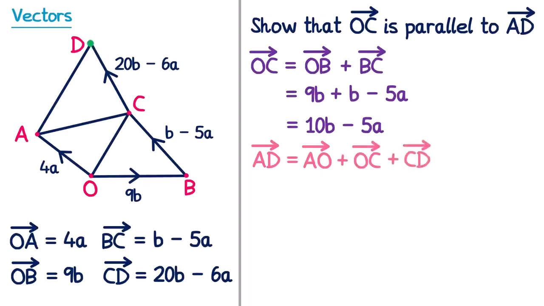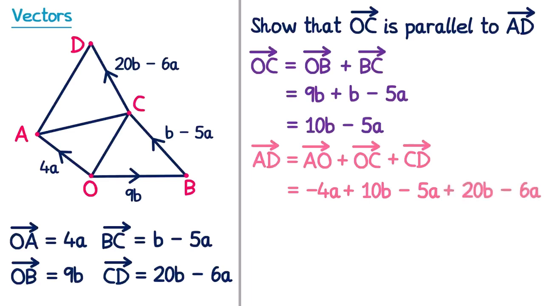Now we need to write all those vectors down, so from A to O is the opposite direction of that arrow, so minus 4a. And then from O to C, well that's the one we worked out in the previous part, 10b minus 5a. And then from C to D, that's on the diagram, that's 20b minus 6a.